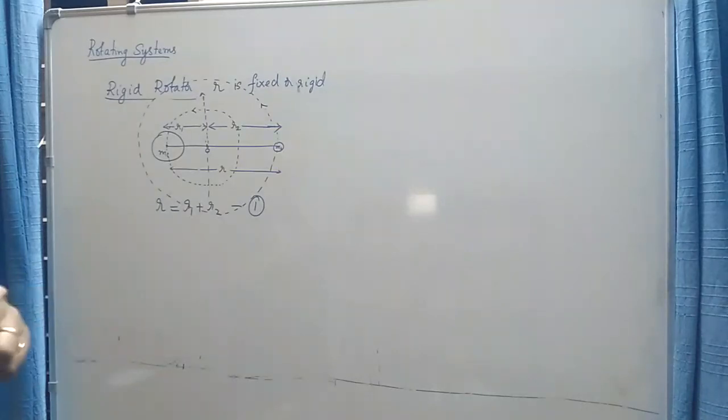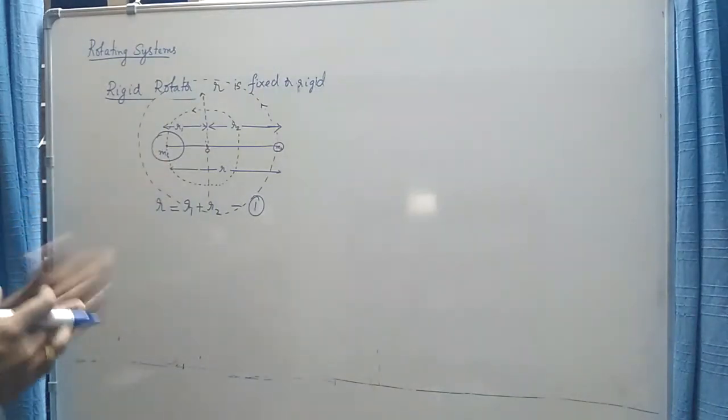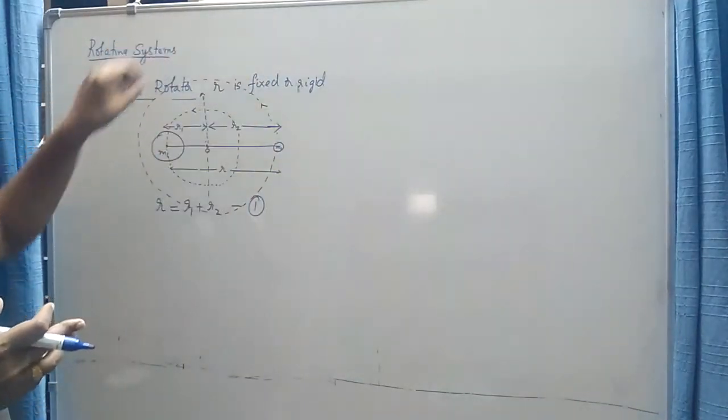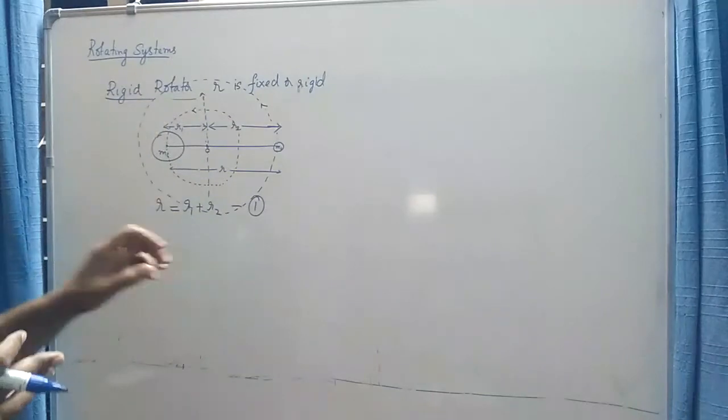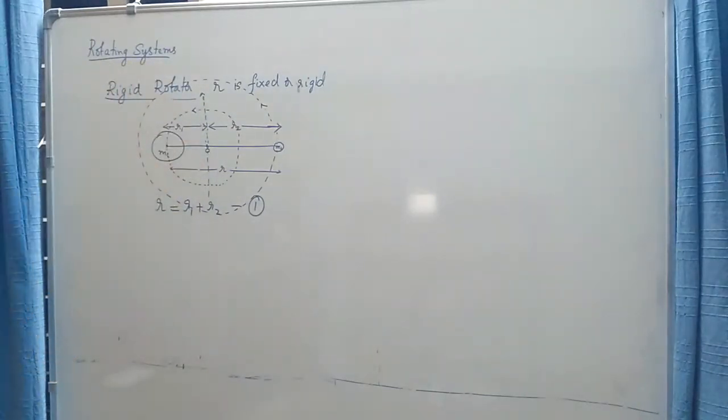But if we consider the mass of the Sun as finite, then the rotation of the Earth around the Sun may be explained by using this model. So the Earth is rotating about the center of mass of the Sun-Earth system, and similarly the Sun is also revolving about the center of mass with a smaller radius. So this is how the rotation of a two particle system such as a rigid rotator actually looks.